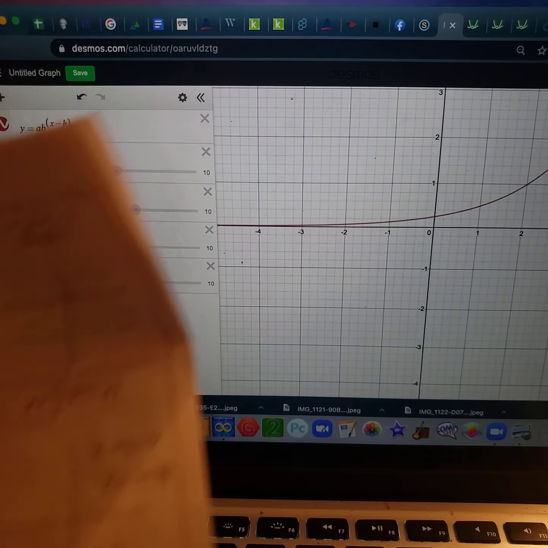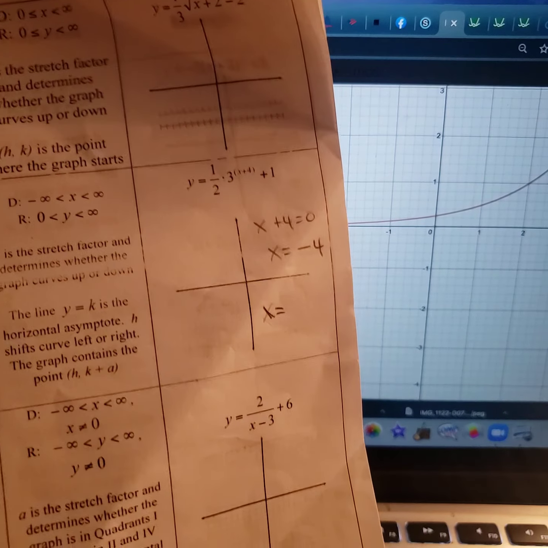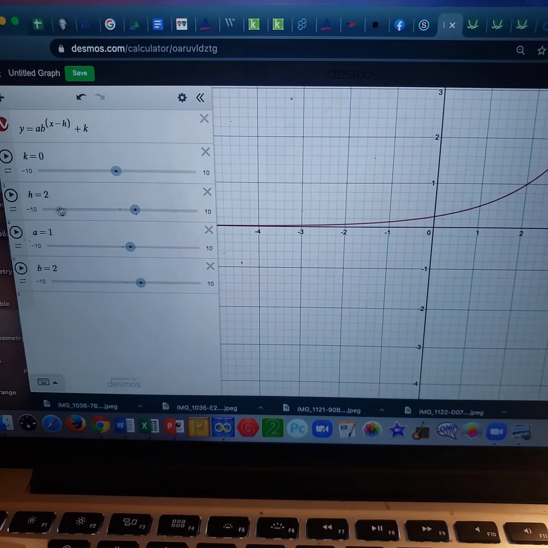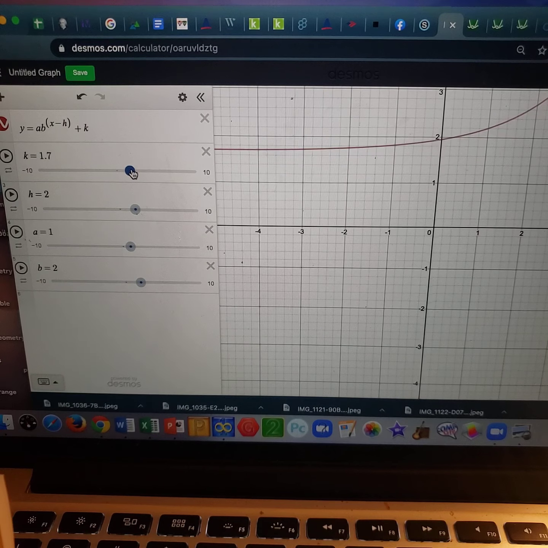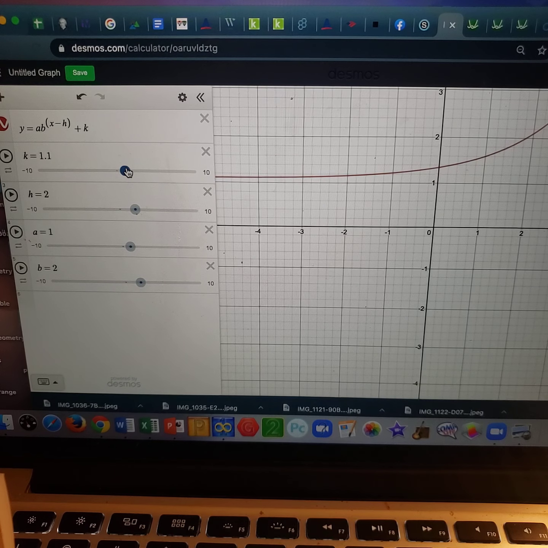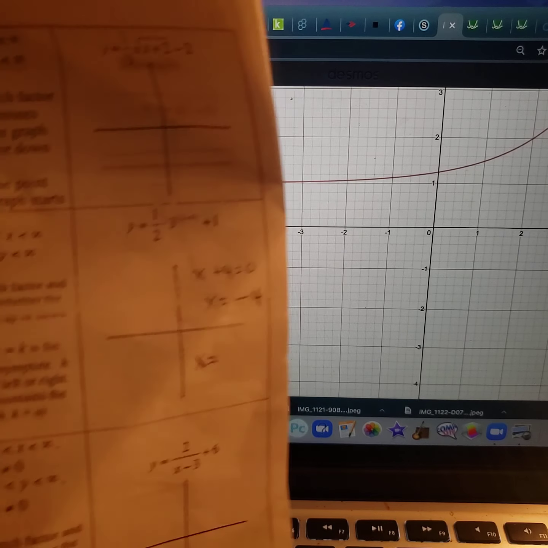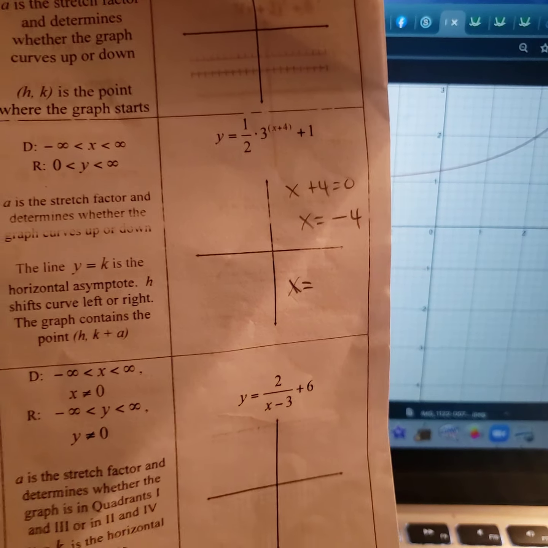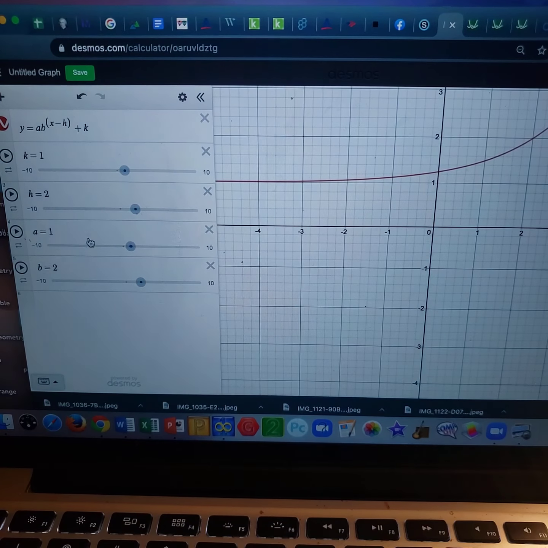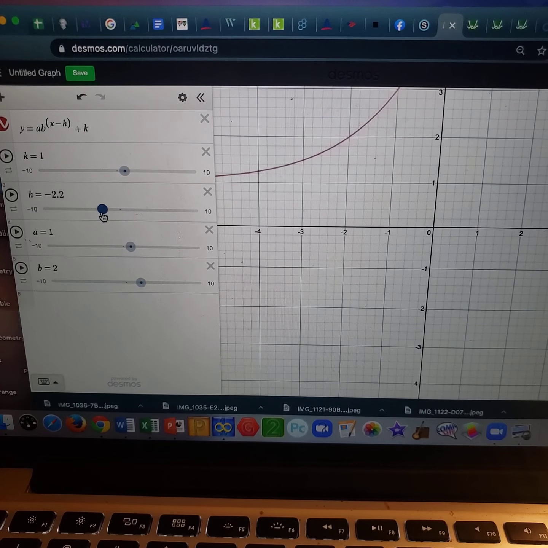Okay, so I'm just going to change all the numbers to make it look like that. So k is 1, so it shifts it up. Then h is -4, so it's going to shift to the left 4.